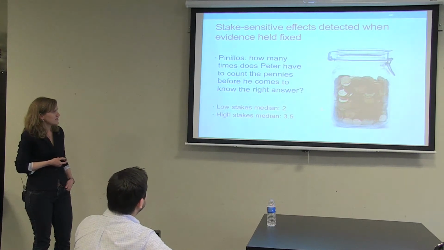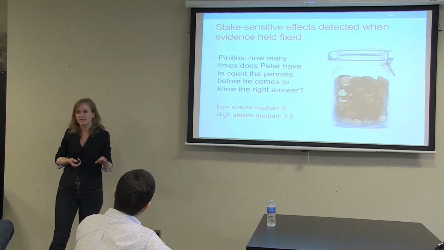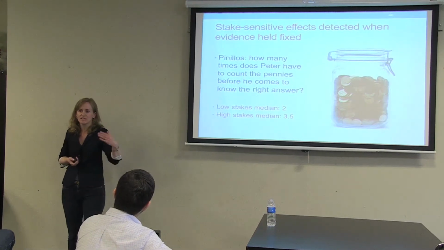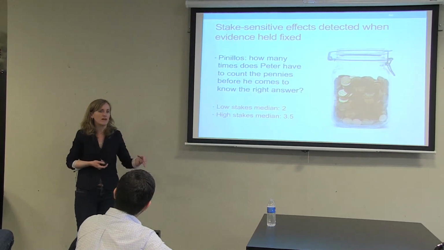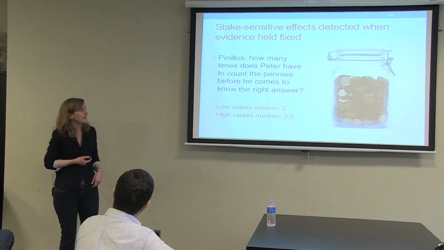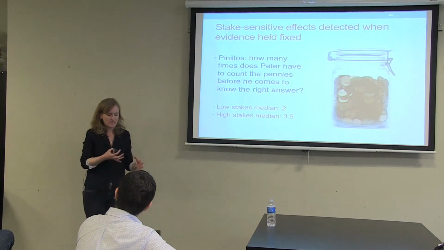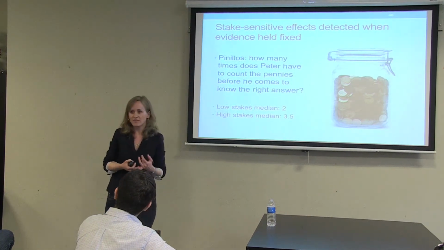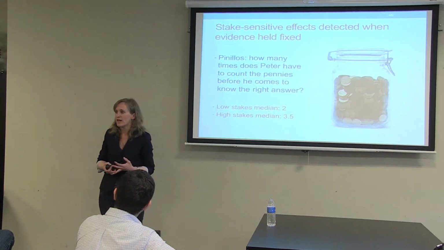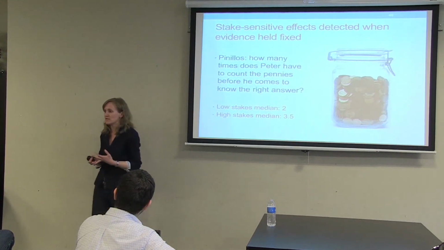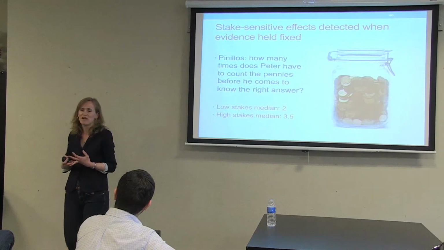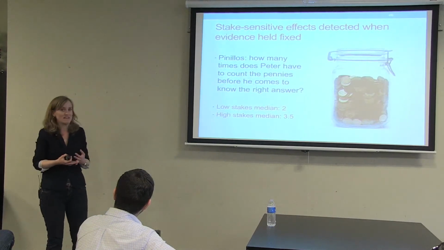In Penillos' study, he actually looked directly at evidence collection, and at how much evidence we anticipate people to collect before we're willing to call them knowers. He had cases where somebody has to count the number of pennies in a jar, either for a trivial reward or for a massive reward, I believe, that's going to give his mother a life-saving cancer operation or something like that.